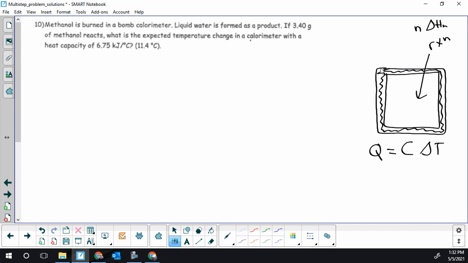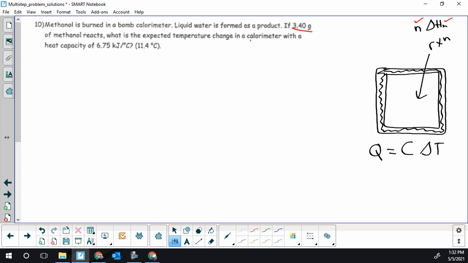Okay? So we're going to tackle this question very similar to all the others. What do we know? Where are we going to start? Well, we're told the mass of methanol, so we can solve for the moles quite quickly, and we're going to have to do what we've done in most of the questions. We're going to have to write a balanced chemical equation, solve for the enthalpy, and then get the molar enthalpy for the chemical we care about.